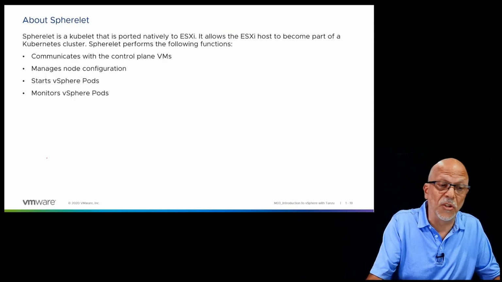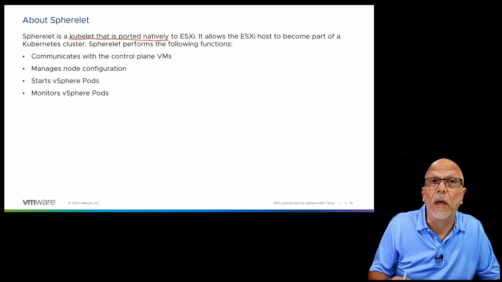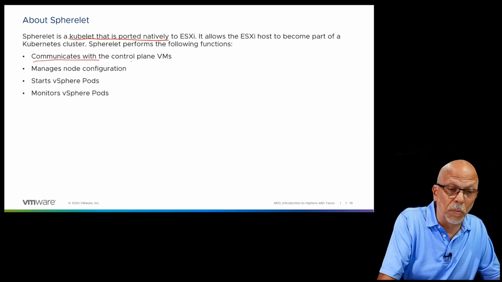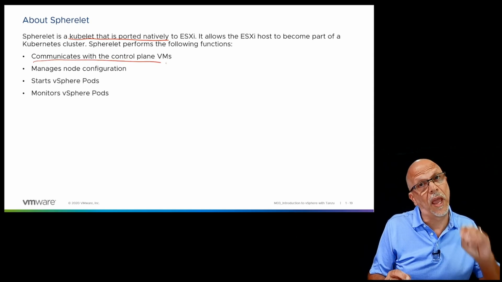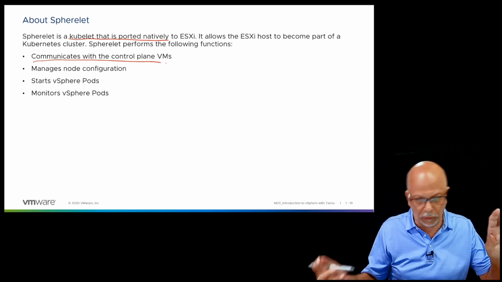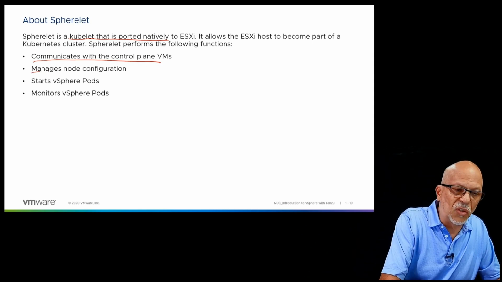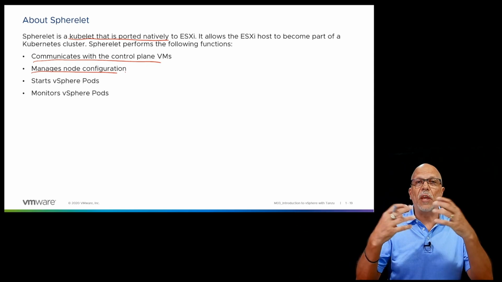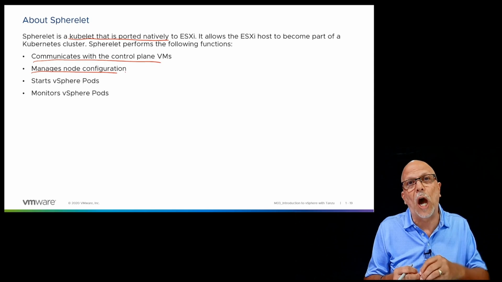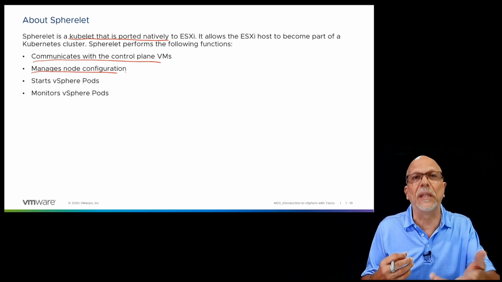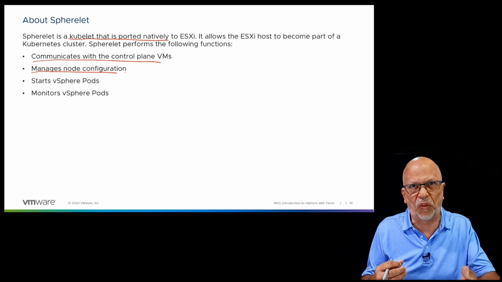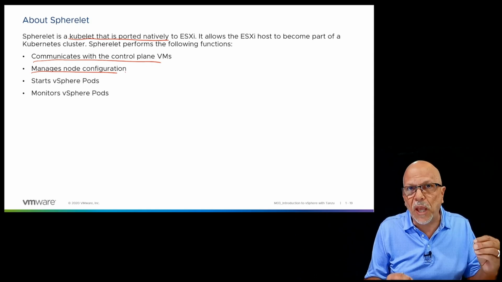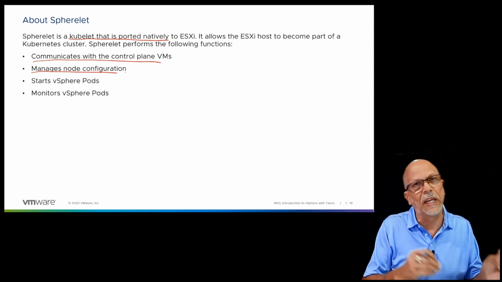Spherelet, as I said, is our natively ported kubelet to run on ESX directly. It is the piece that is communicating with the control plane VM: API server to kubelet, now it's Spherelet talking back to it. Spherelet would manage the node configuration. If the control plane needs to talk to a worker node about doing something on that node, maybe mapping in a PVC, for example, that is communicated from the API server to kubelet, and we're instead talking now to Spherelet.